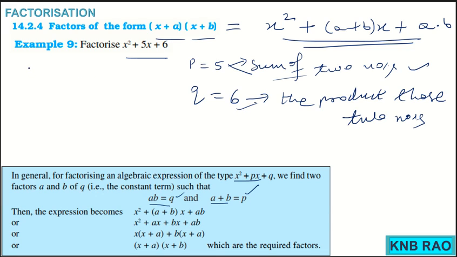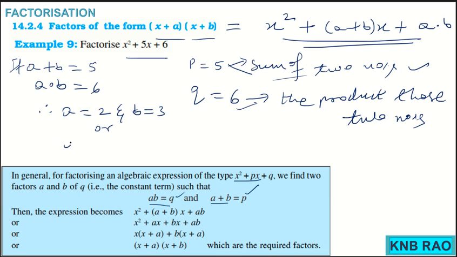So here a plus b is equal to 5, a into b equals 6, therefore a equals 2 and b equals 3, or a equals 3 and b equals 2, I can say.